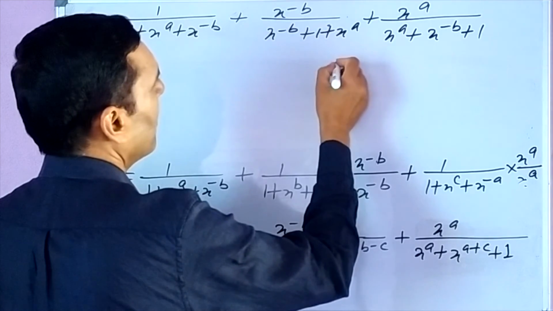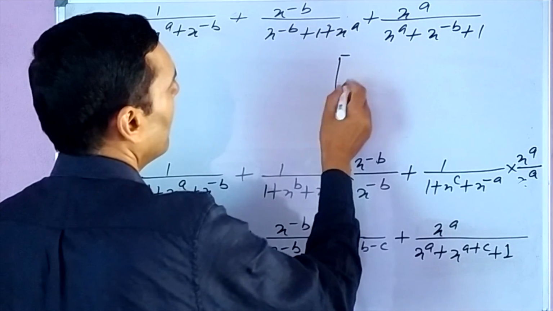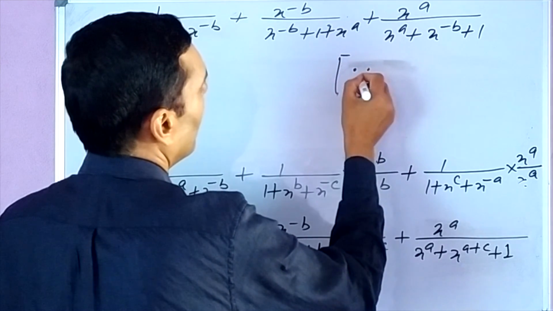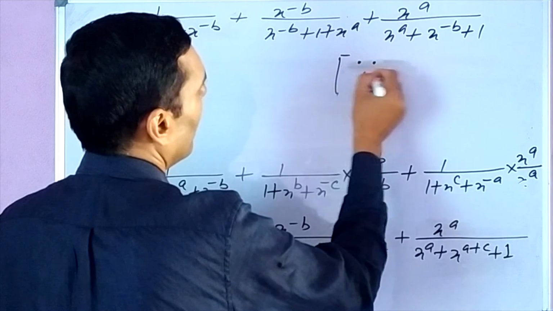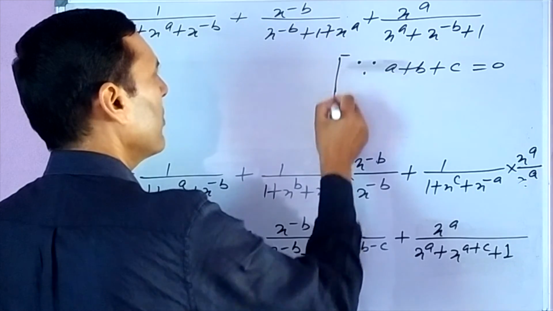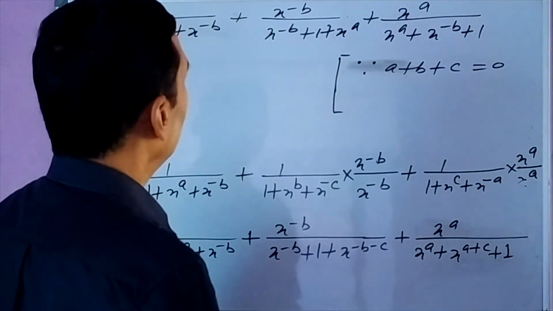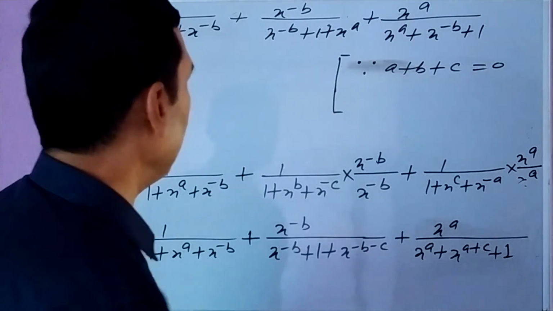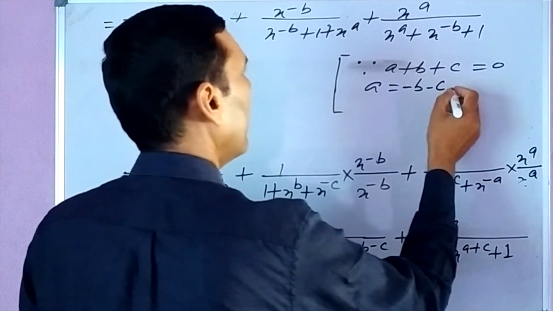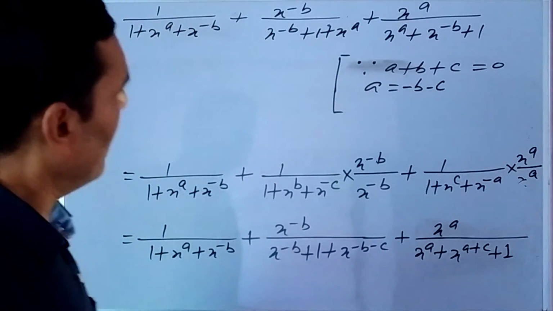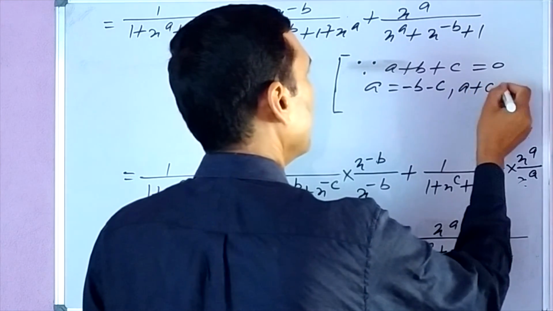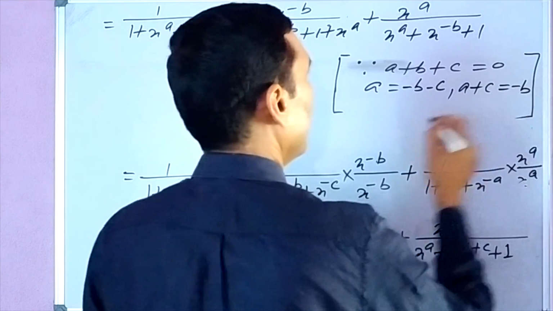We can write our reason here inside the bracket, because a plus b plus c is equal to 0. So from this we have used one result: minus b minus c is equal to a, and another result we have used here, a plus c is equal to minus b.